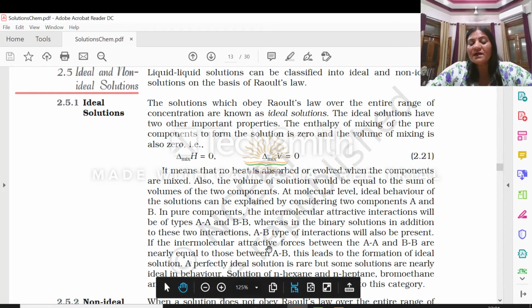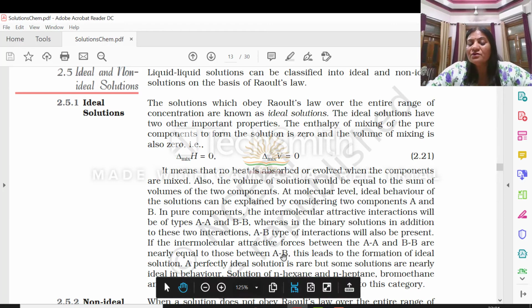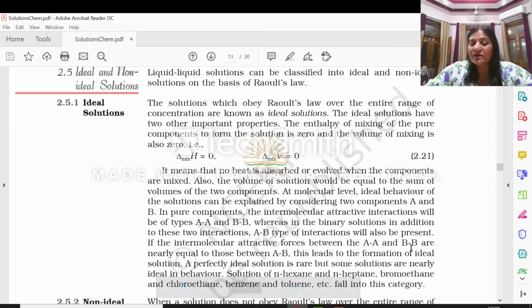If the intermolecular attractive forces between A and A, B and B are nearly equal to those between A and B, this leads to the formation of an ideal solution. If the interaction between the two components A and B is exactly equal to the AA interaction and BB interaction, suppose this is a solute and this is a solvent, then the solute-solvent interaction should equal the solute-solute and solvent-solvent interactions.